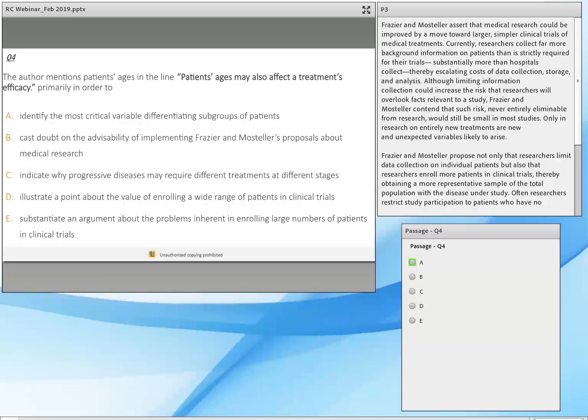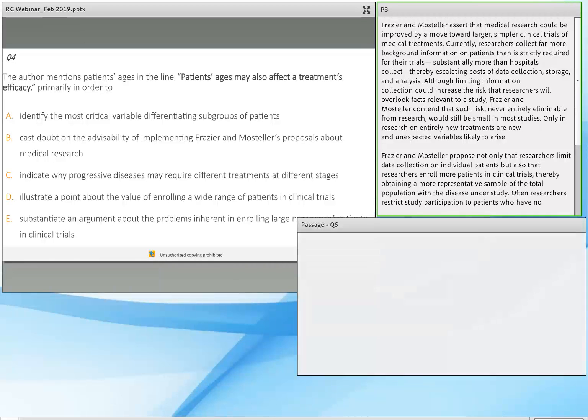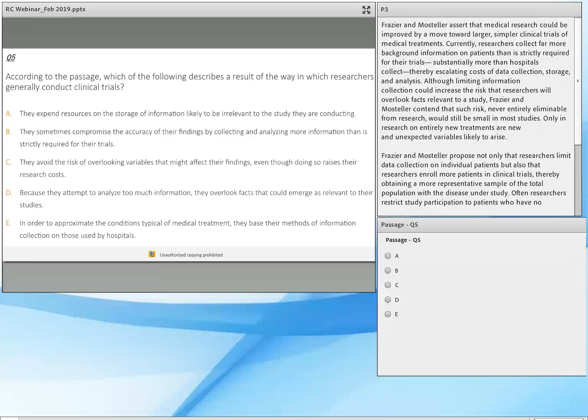Let me end the poll and let's get to the last question. Here is the poll for the last question. One second. And here is the poll.